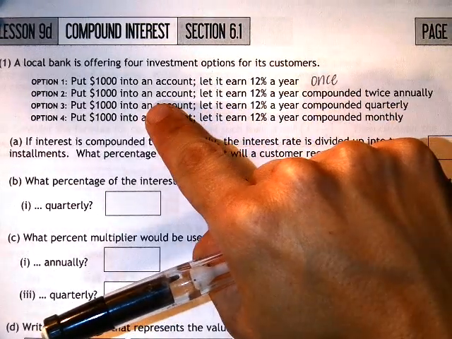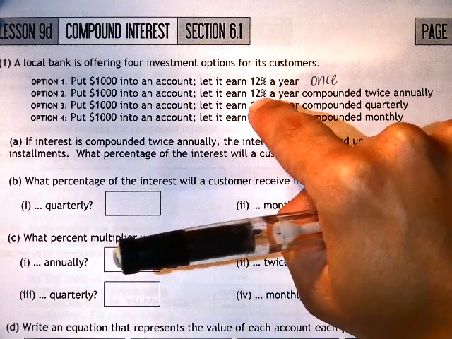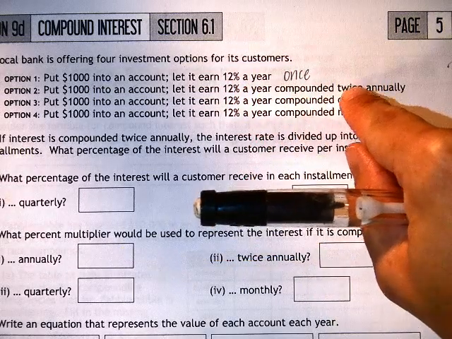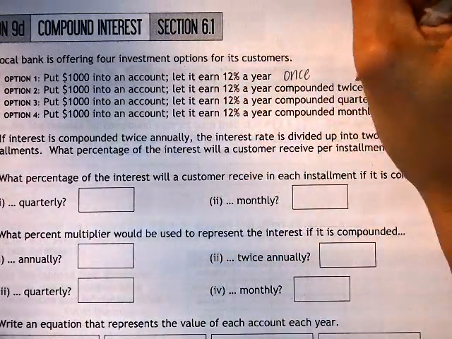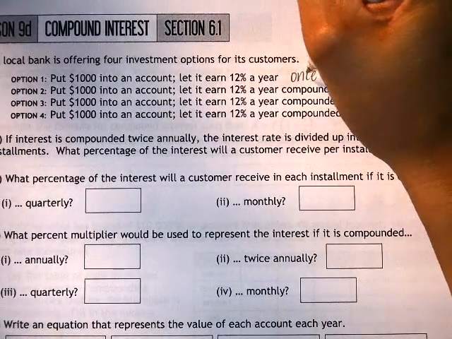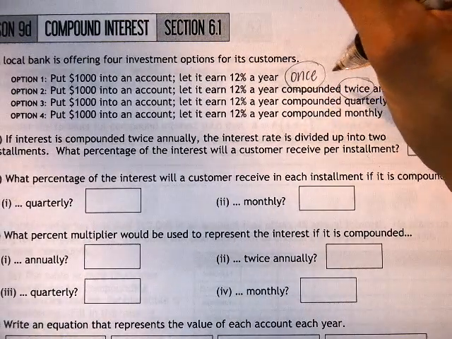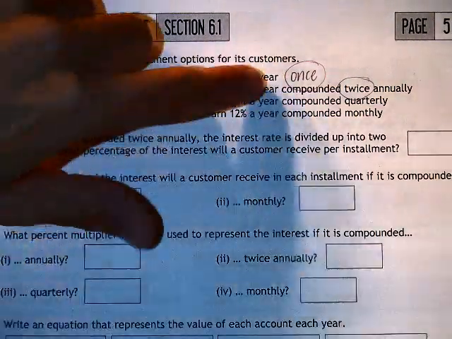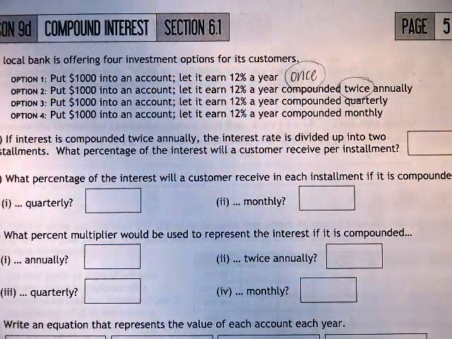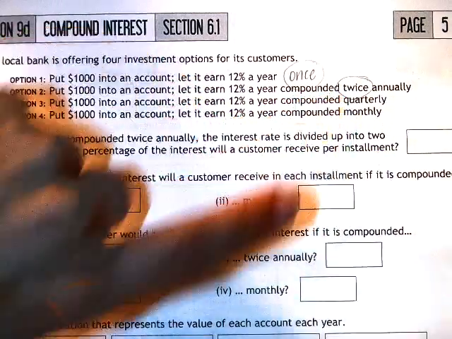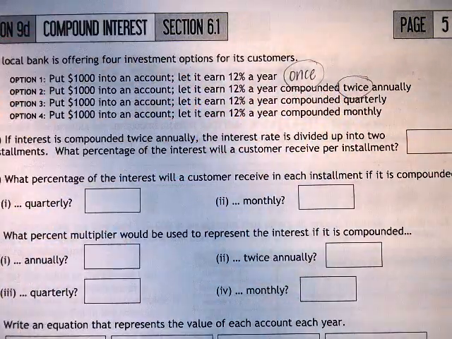Option number 2 is still saying you'll earn 12%, but they'll divide it up into 2 smaller payments. That word twice, that means 2 smaller payments. So while option number 1 is just going to kick you that thank you money once, on New Year's Day, as a thank you for keeping your money in all year, option number 2 is like, no. We'll give you 2 smaller thank you payments, 2 smaller interest payments.